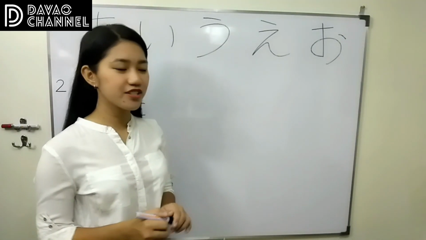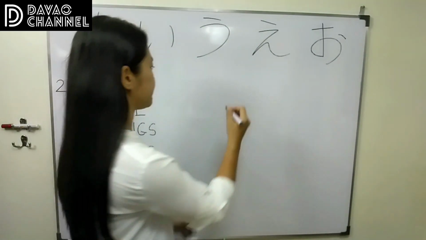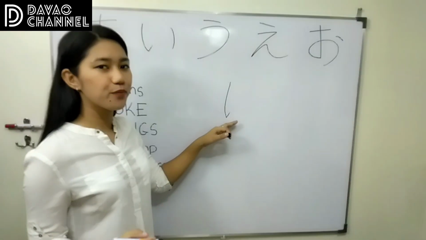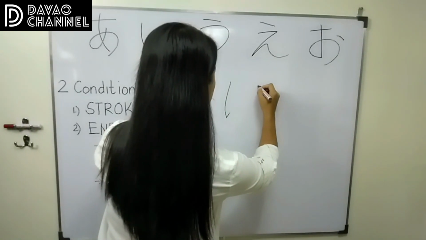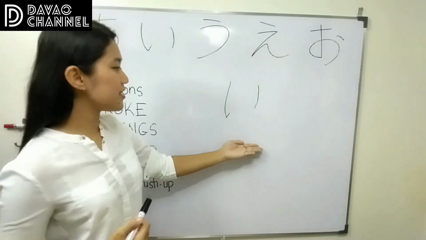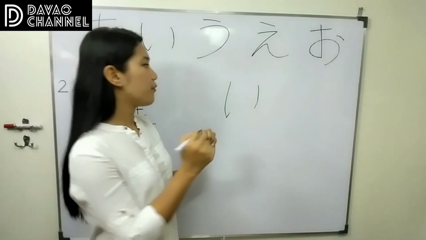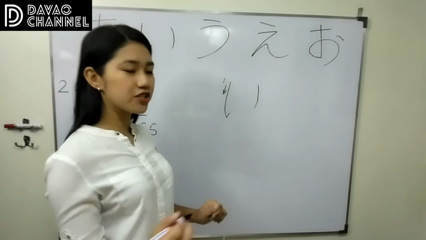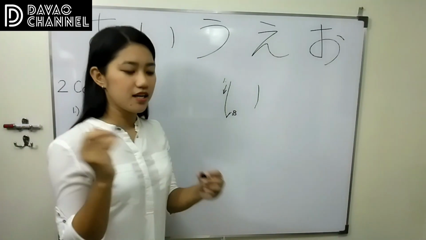Okay, the next letter, letter I. For our first stroke, slightly curve and brush up. And our second stroke. This is our letter I. For our review, the first stroke starts in here to that direction, and it has a brush up ending.